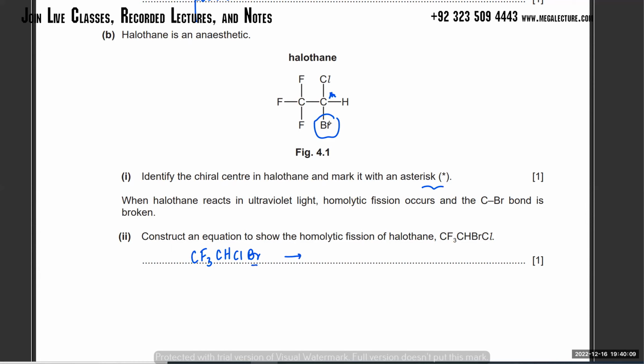The Br is going to break, so it's going to become CF3, CH, Cl, and the Br gets broken. Homolytic fission forms radicals. The carbon will have an unpaired electron, and the Br will also have an unpaired electron.